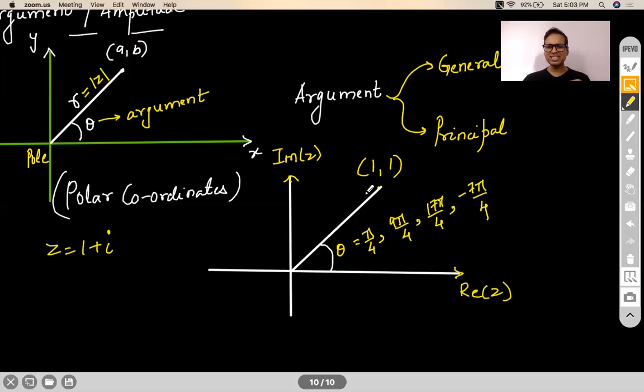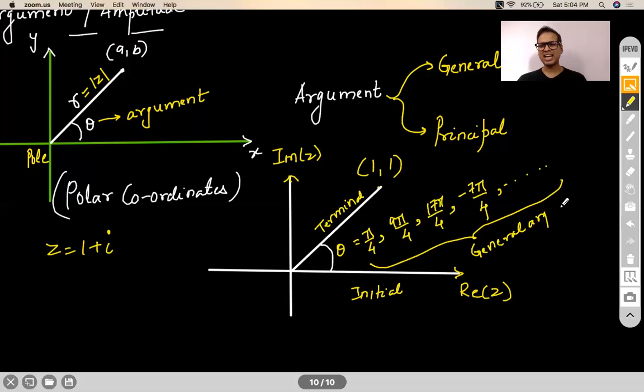So, for the same terminal position, this is your terminal position and this is your initial position. There could be so many angles, or so many co-terminal angles, which can be used to signify it. So all these values that you have will be called the general argument.